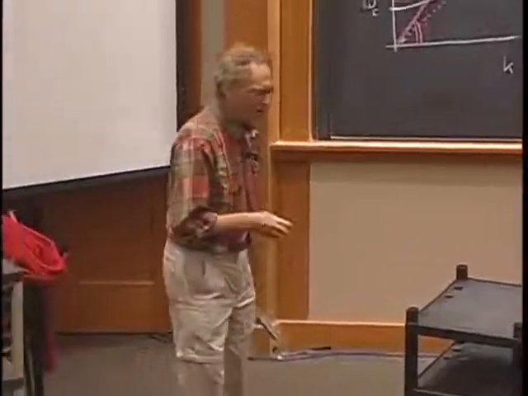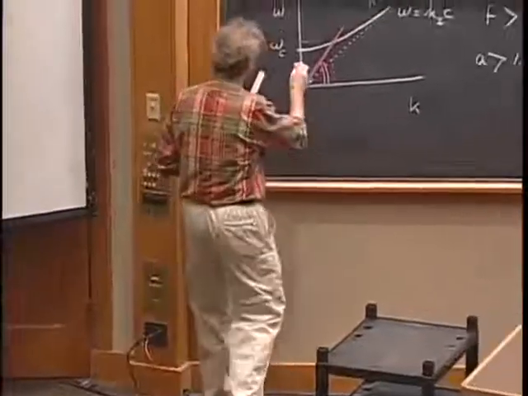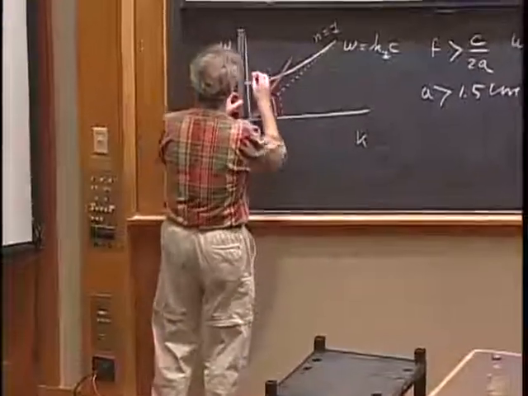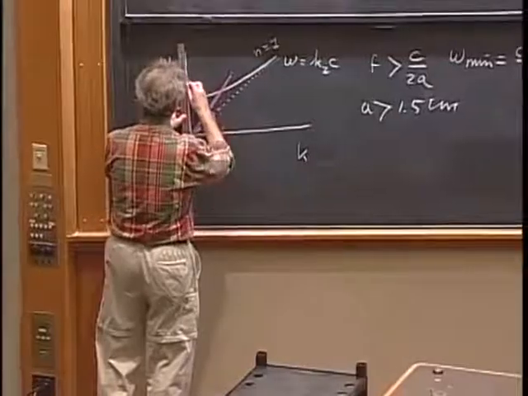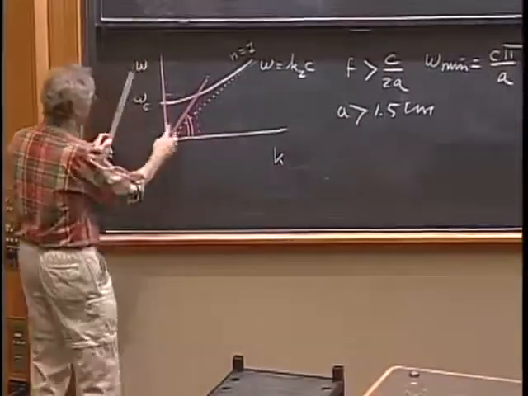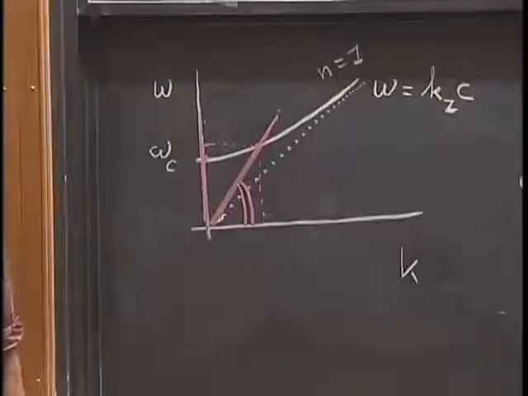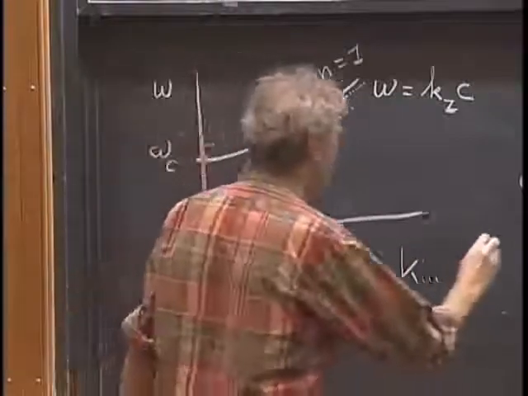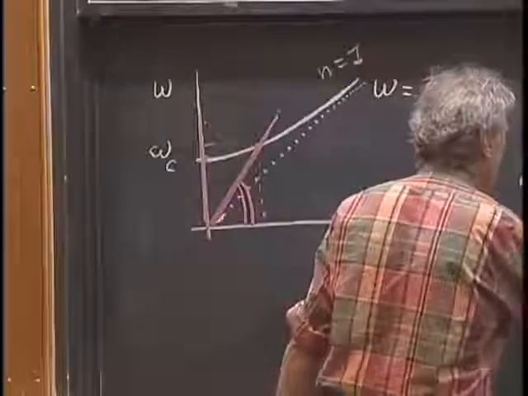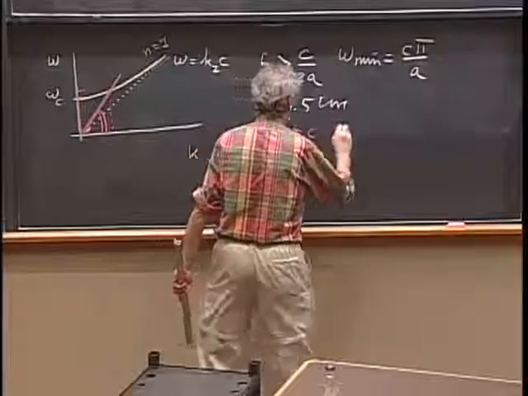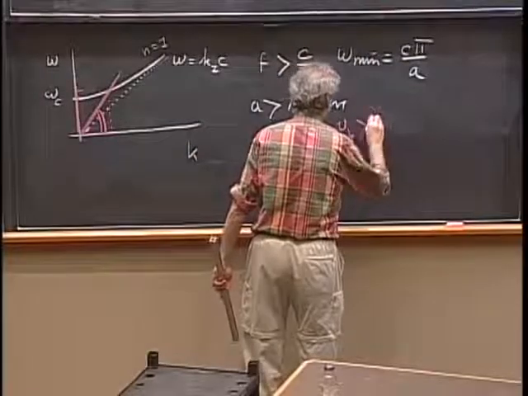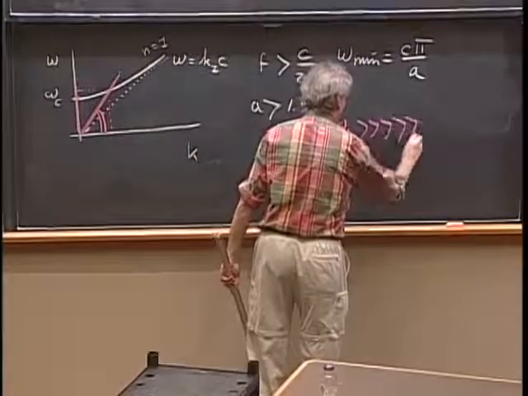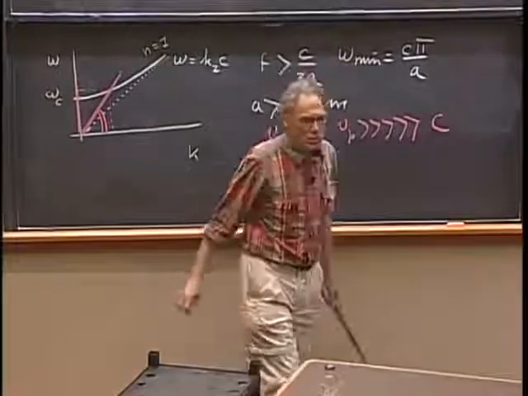Not only is it higher than the speed of light, the phase velocity, but by the time I reach this point here, the phase velocity goes to infinity. Because look at this slope, it's 90 degrees. So we now have a case that the phase velocity is larger than c. No, the phase velocity can be much, much, much larger than c, approaching infinity.